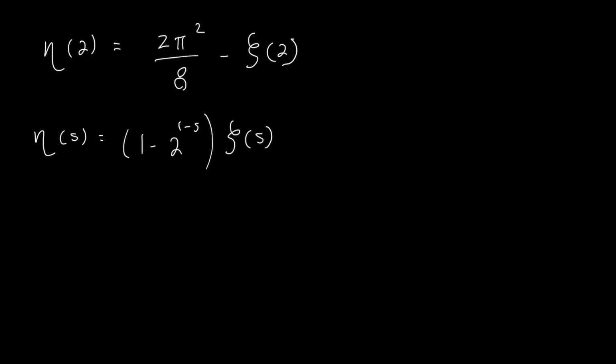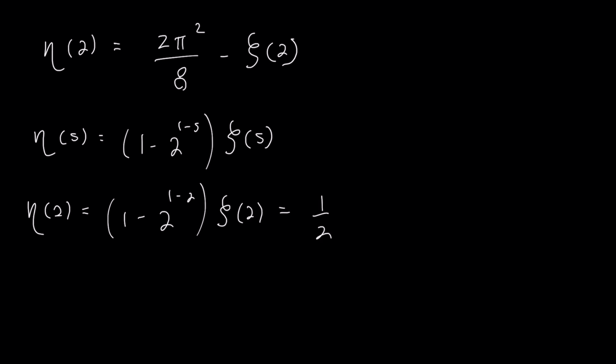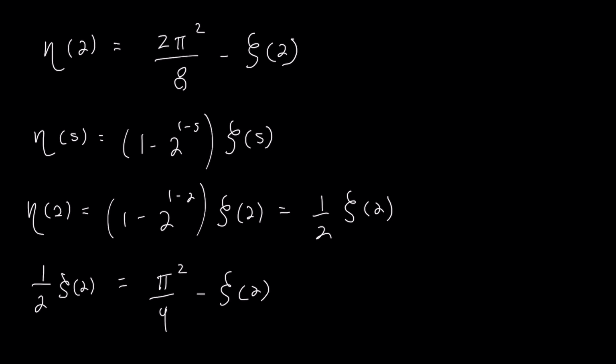So now letting s equal 2, we have eta 2 is 1 minus 2 to the 1 minus 2 times zeta 2, which simplifies into 1/2 zeta 2. So now we're going to have 1/2 zeta 2 is pi squared over 4 minus zeta 2.